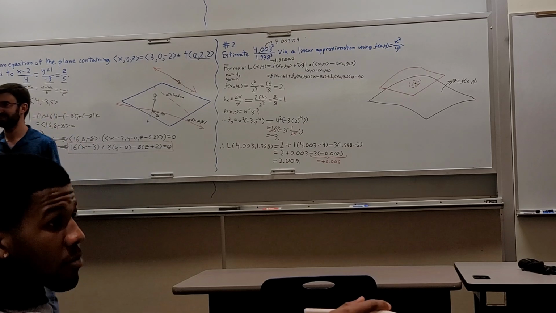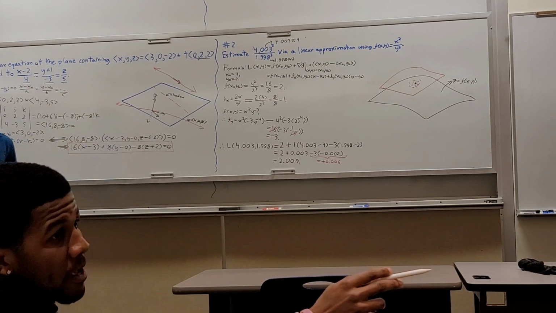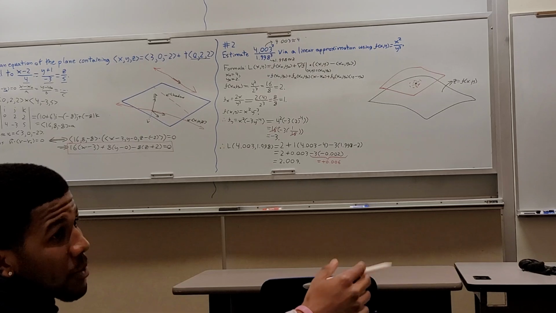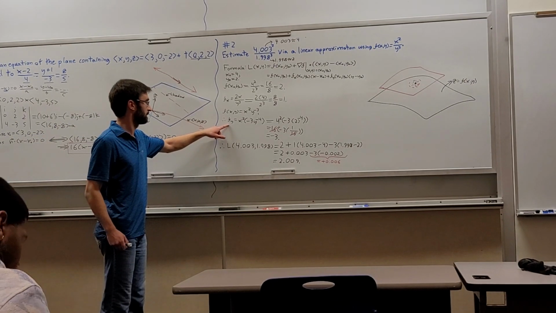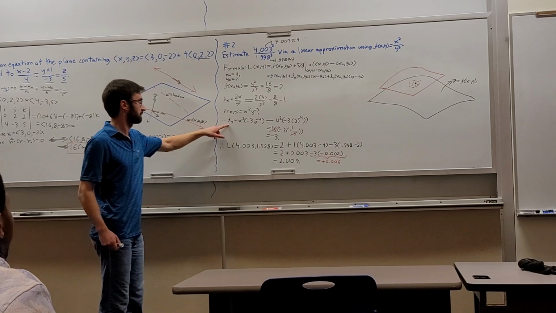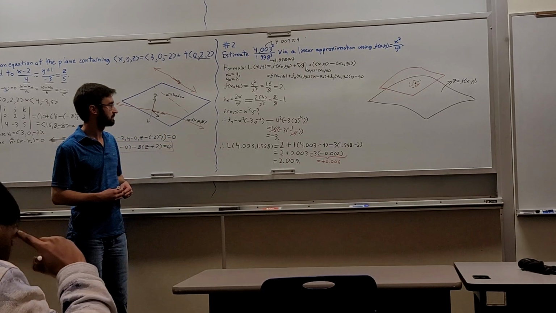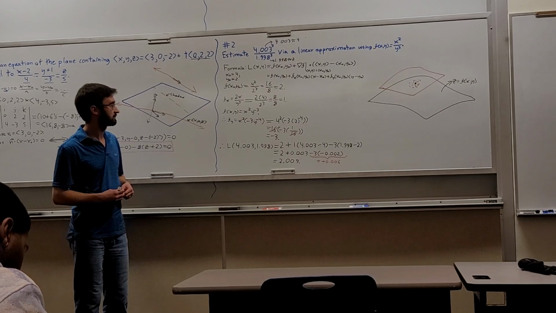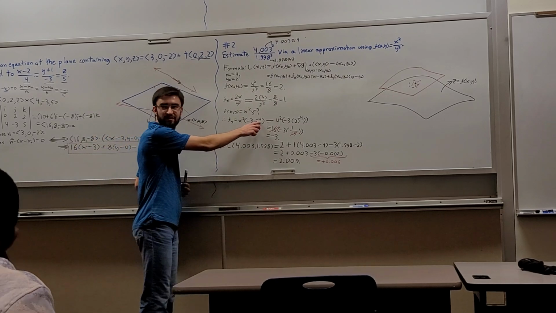Wait, real quick. With f sub y, when you're taking that, you have x and then you have -3y to the -4. Why do you have a 4 there? Am I just forgetting that that's a derivative? Yes.